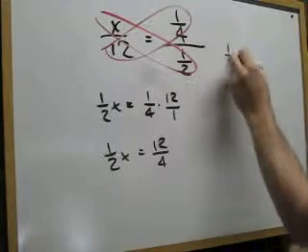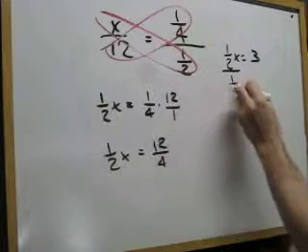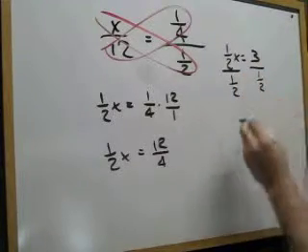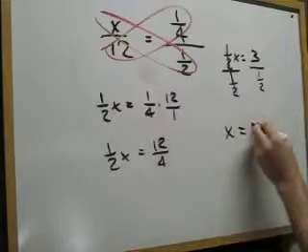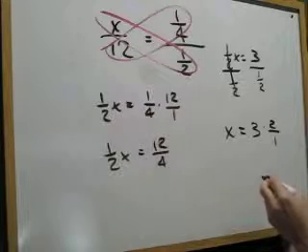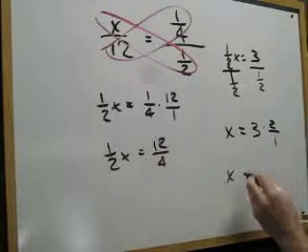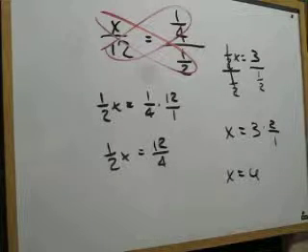And 12 over 4 is the same as 3. We're going to divide by 1/2, and we get x equals, because those go away, 3 divided by 1/2, which is the same as 3 times 2 over 1. Multiply the reciprocal, or invert and multiply. And we get x equals 6 for our answer there. Okay, so that's 6.3. You ready for 6.4?